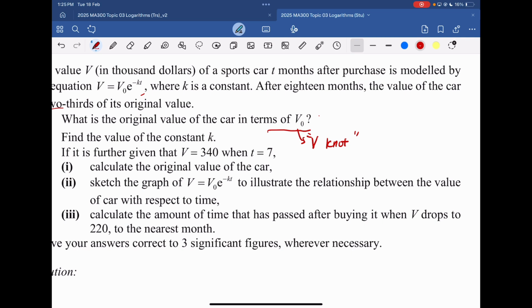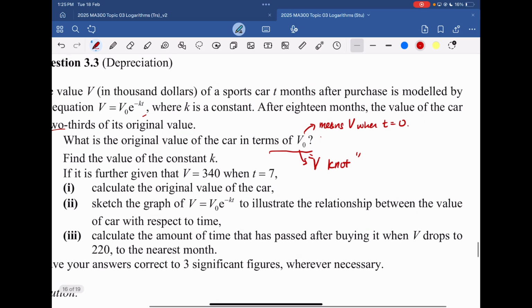You see the zero there. In physics or science, it means the original value, which is V when time is 0.